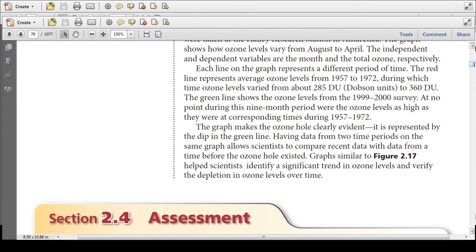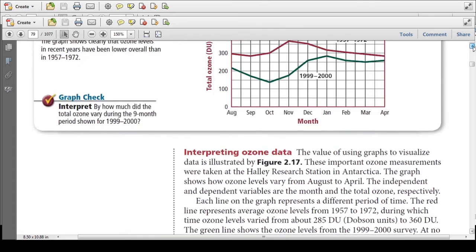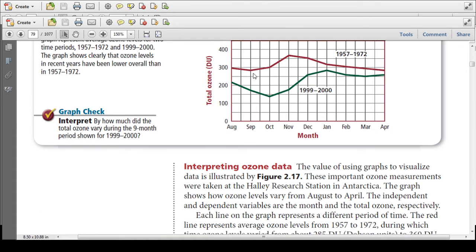And again, that could be shown by the graph just here, right? That at no point in this graph were the levels between 99 and 2000 anywhere close to the values between 57 and 72. And that's, again, just something you can visually see based upon looking at this graph.